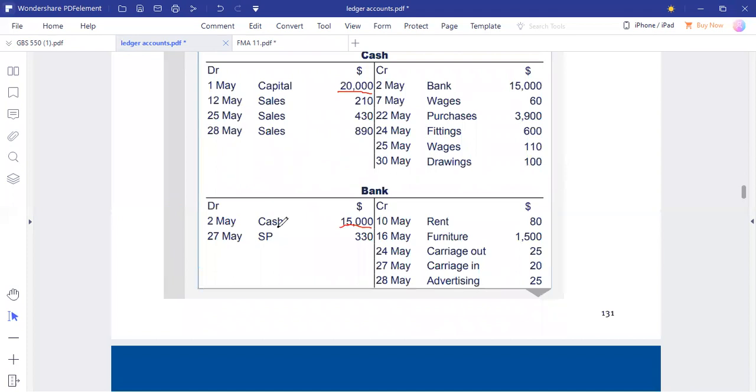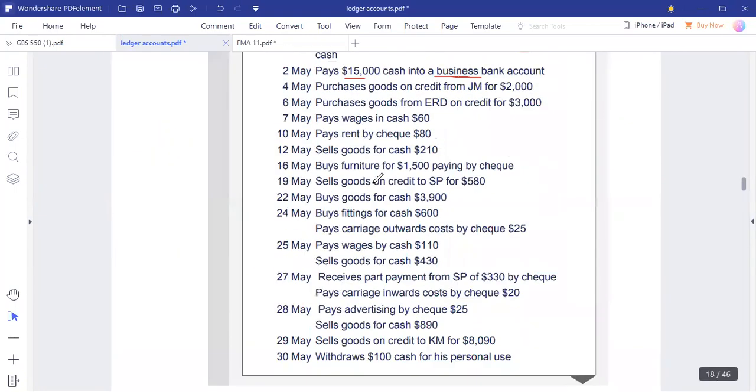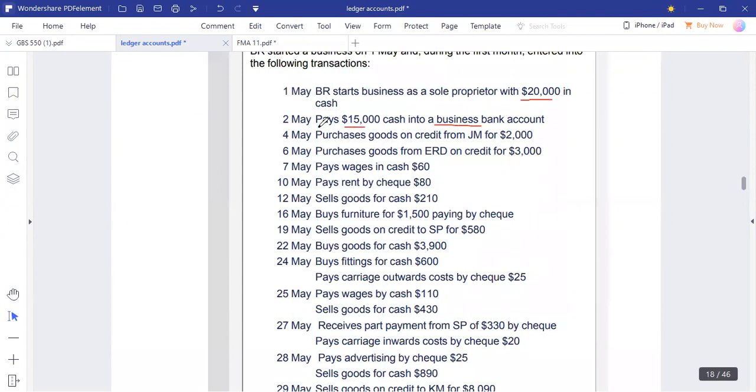And this cash is going where? Okay. So we're told in this transaction that he pays 15,000 into the business bank account. So the bank account is receiving 15,000 and the cash till is giving out 15,000.